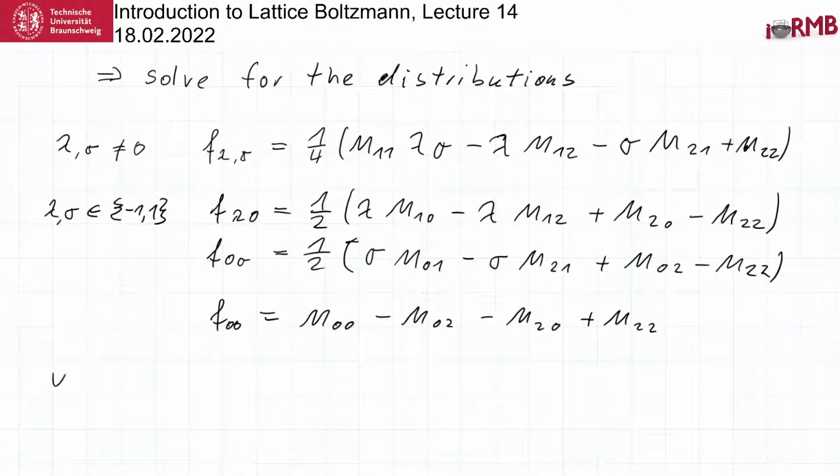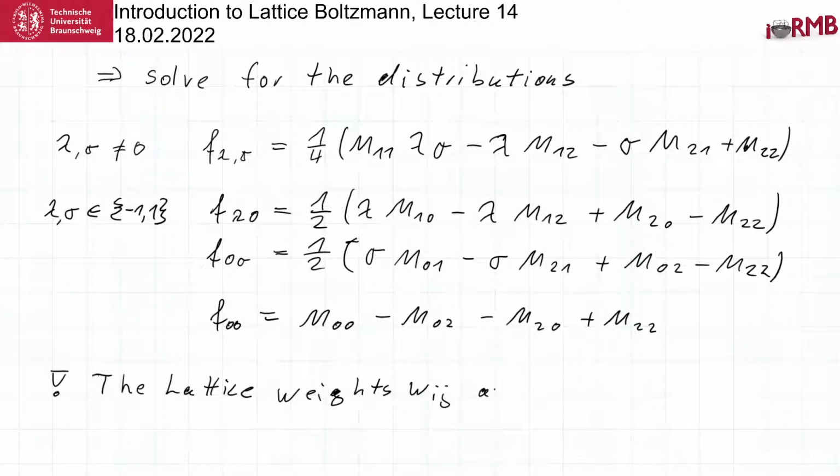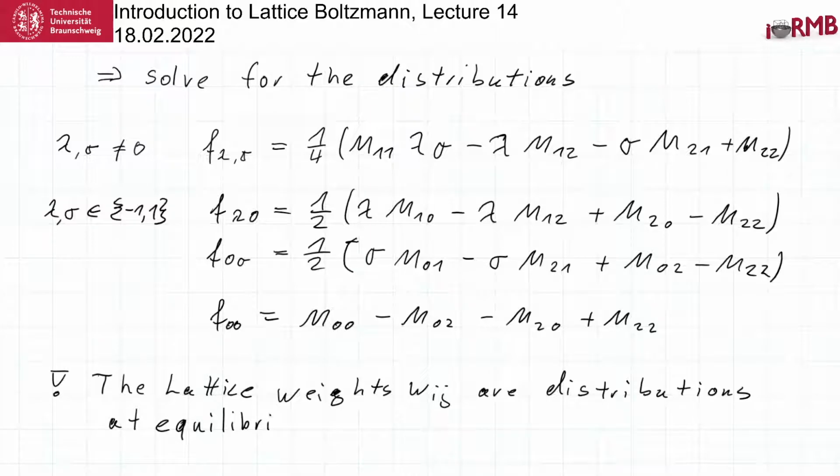Okay, so now, as we said, the lattice weights Wij are distributions at equilibrium, and m00 equal to 1.